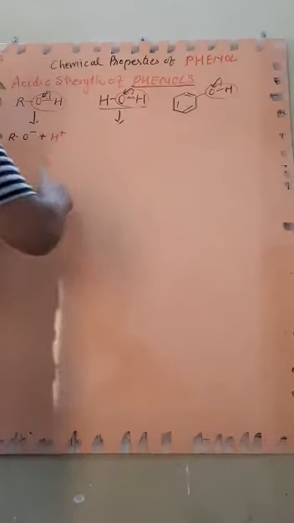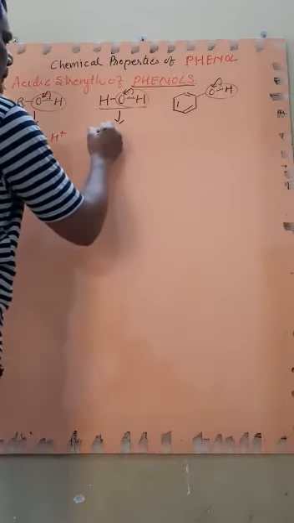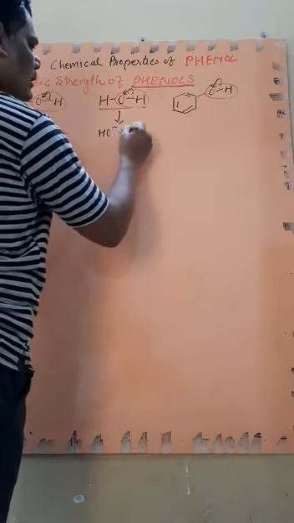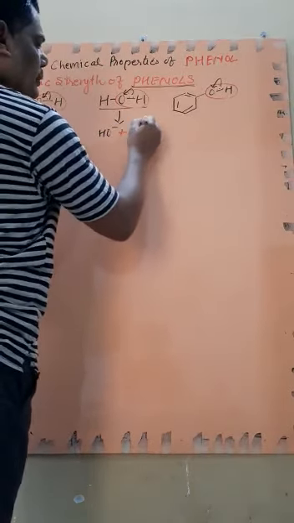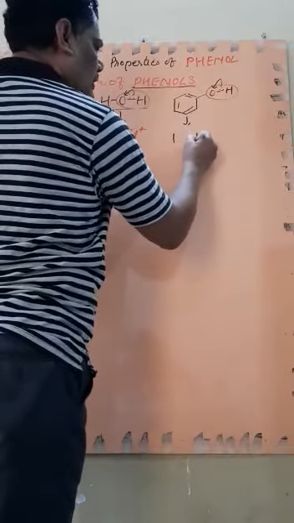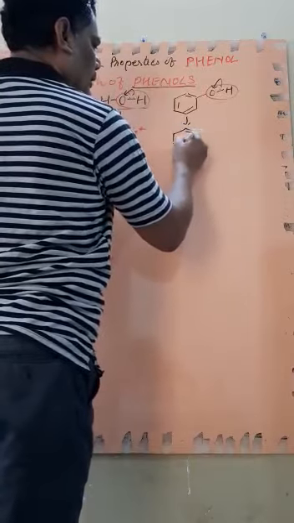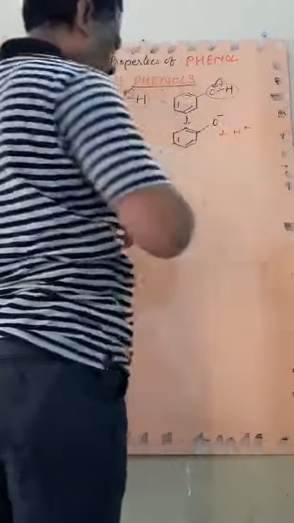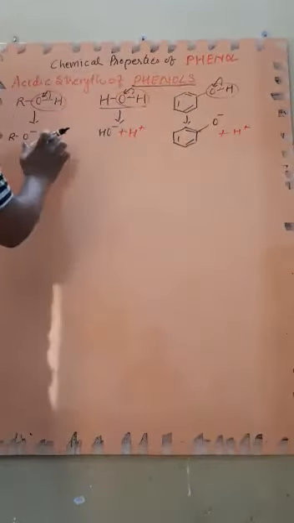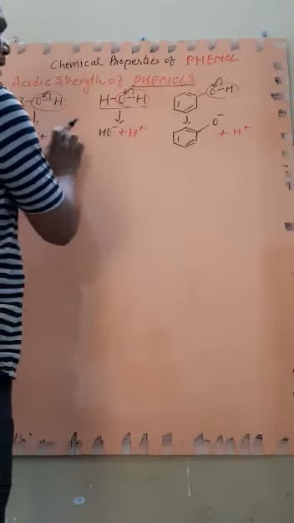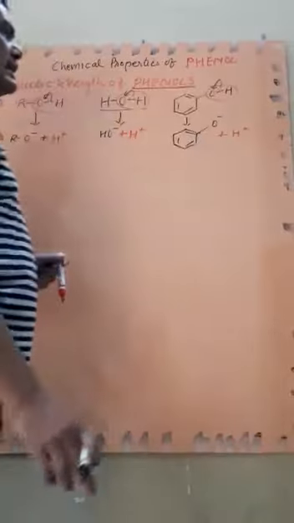Similarly, water forms hydroxide ion plus H cation, so it is also acidic. Phenol converts into phenoxide ion, with a minus charge, plus H cation, so it is also acidic. All three compounds are acidic because all are able to release H cation.